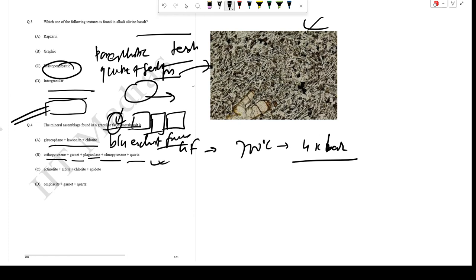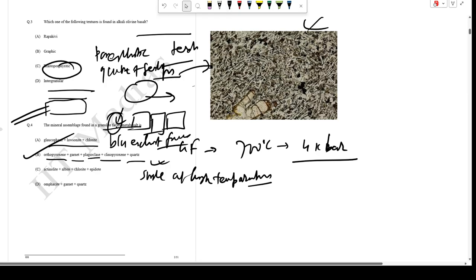Remember that orthopyroxene and clinopyroxene are stable at high temperature, while garnet can form under a wide range of pressures and temperatures. So in this case, this is the correct answer, and we don't need to go further. So 4B is the answer.